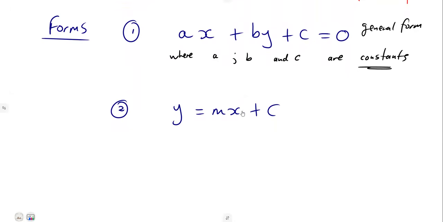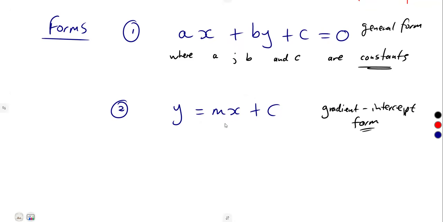Y is equal to mx plus c represents the gradient intercept form. So we're going to focus on these methods separately, like in the drawing or plotting of the straight line. We're going to see that with time.